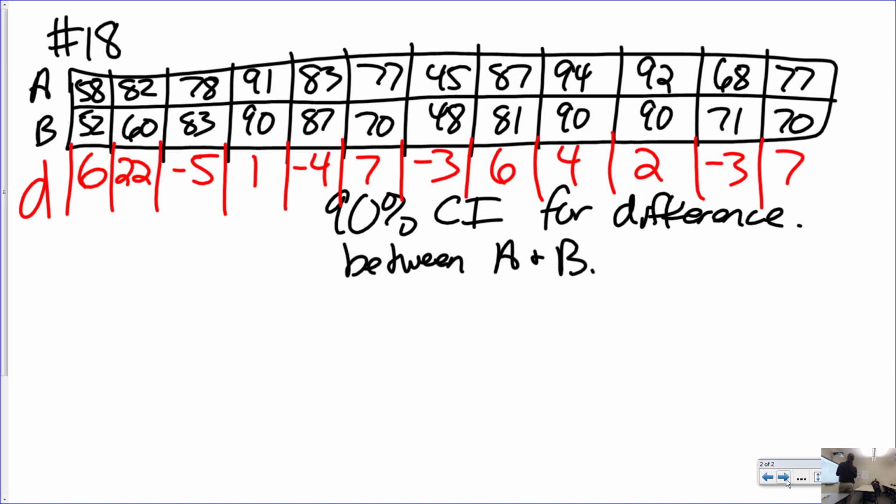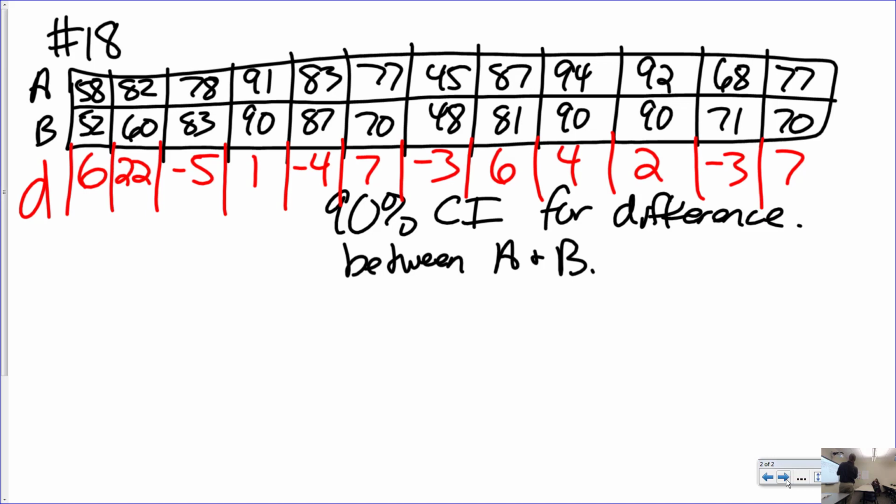1 and 1. Negative 4. 2 sevens. Alright. First number is 6. Second number is 22. Third number is negative 5. Fourth number is 1.